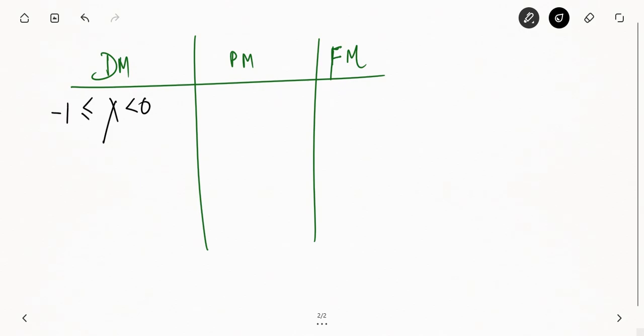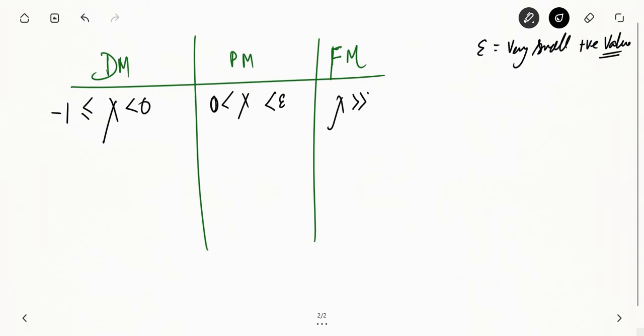For paramagnetic material, chi is greater than 0 and less than epsilon. What is epsilon? A very small positive value. And for ferromagnetic material, chi is much greater than 1.